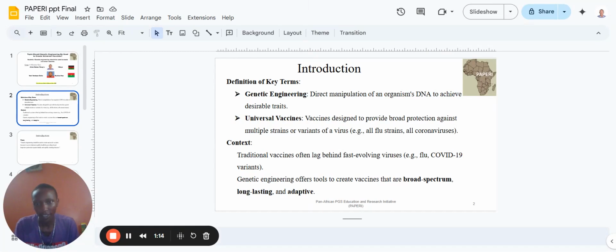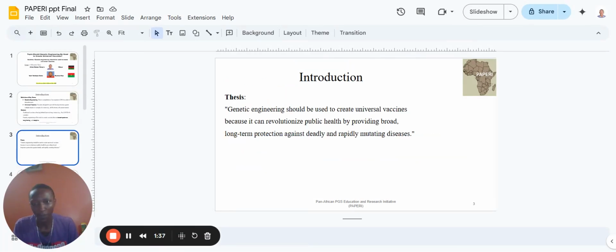For context, traditional vaccines often lagged behind fast evolving viruses, for example, the flu and COVID-19 variants. Genetic engineering offers tools to create vaccines that are broad spectrum, long lasting, as well as adaptive.